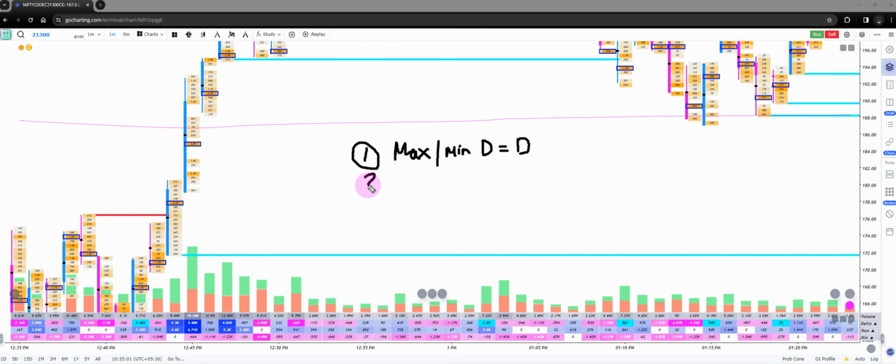The second thing that we are looking for is that the volume is above normal. Again, this is a VSA concept and we're applying it on a footprint chart with better confirmation. The third condition is that when these two conditions are met, on the next bar, or the next two bars, or the third bar after that, the delta actually flips.